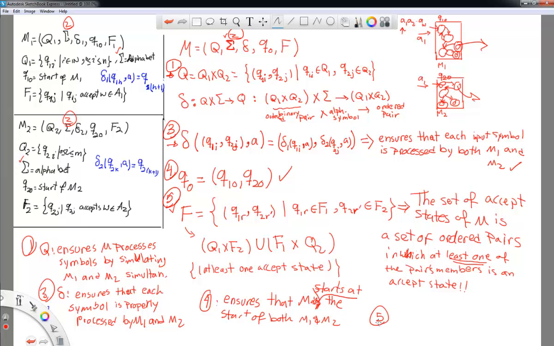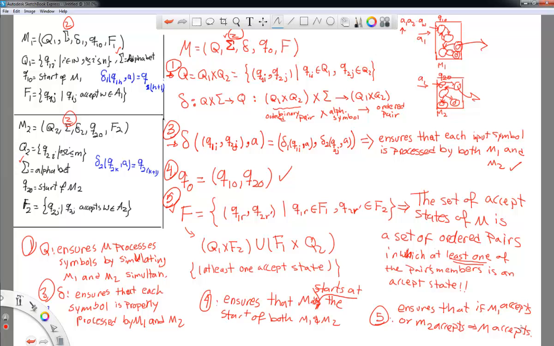And 5 ensures that if M sub 1 accepts or M sub 2 accepts, then M accepts.